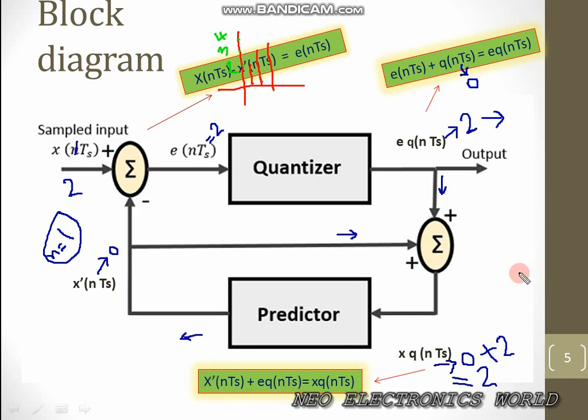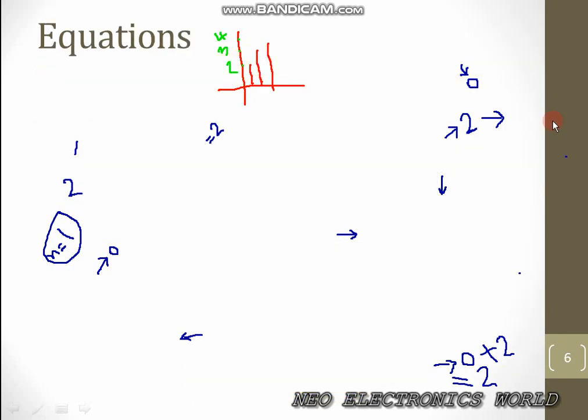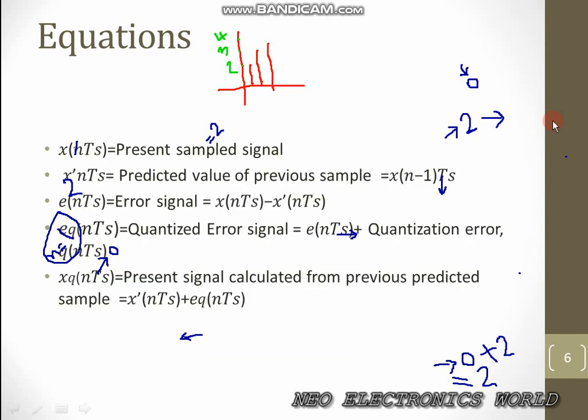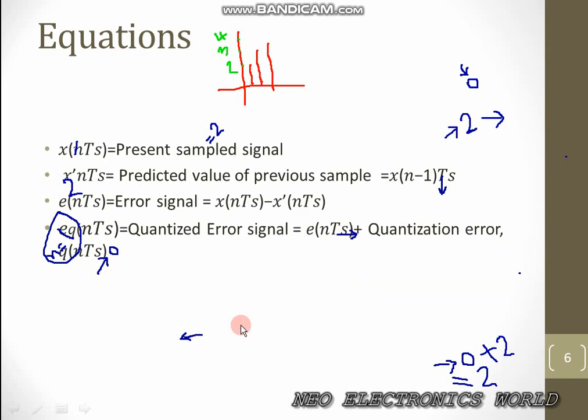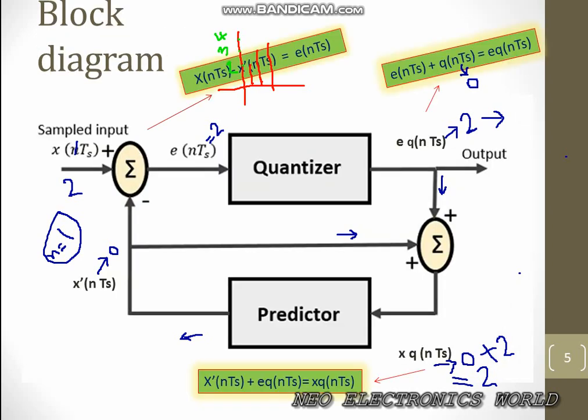I'll show that in the next slide. That is xq of NTS plus q of NTS. It's simple. What is xq of NTS? It's shown here.